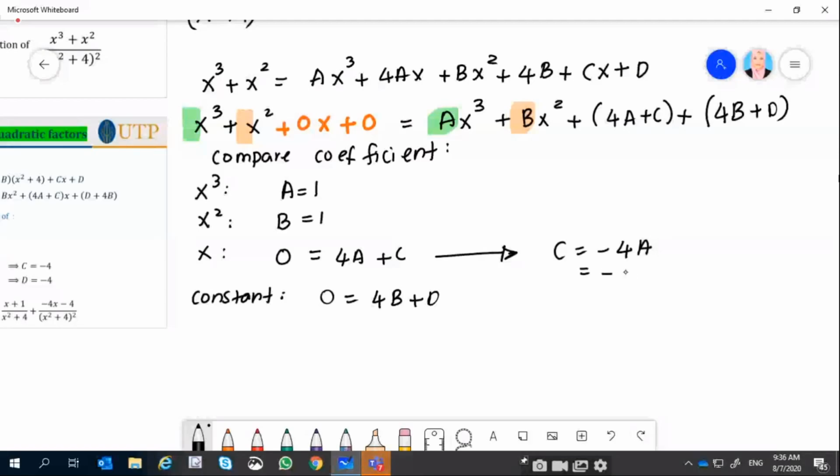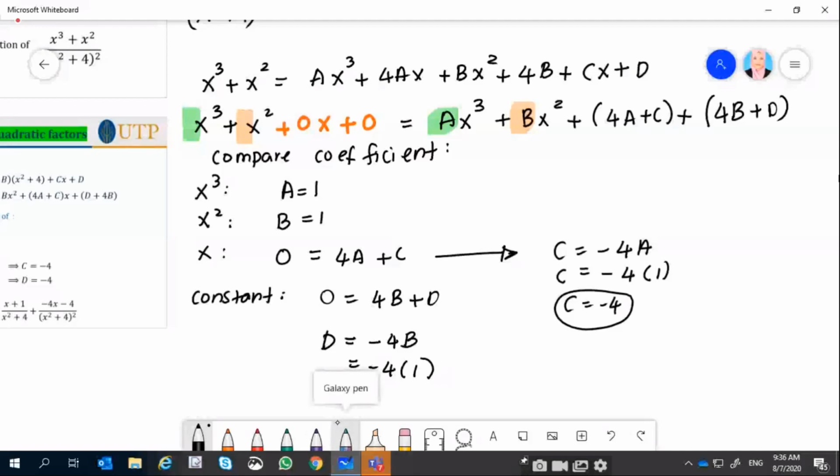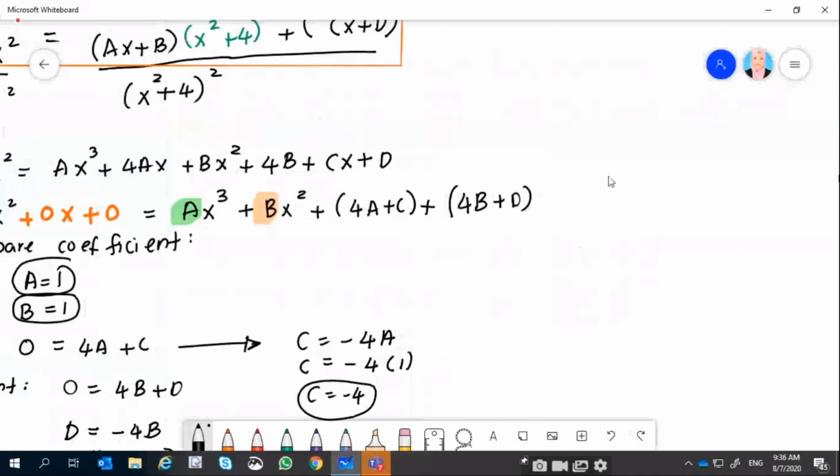Same goes to D. What is A? A is 1, right? So C equals negative 4. And for B, same. D equals negative 4B, so D equals negative 4. So A equals 1, B equals 1, C equals negative 4, D equals negative 4.